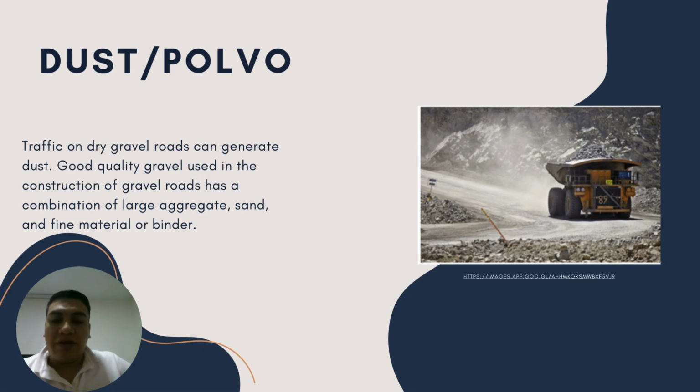Dust. Traffic on gravel roads can generate dust. Good quality gravel used in the construction of gravel roads has a combination of large aggregate, sand, and fine material or binder.